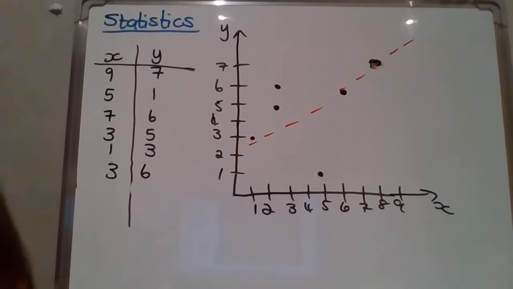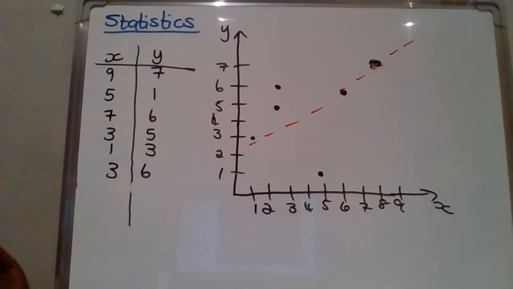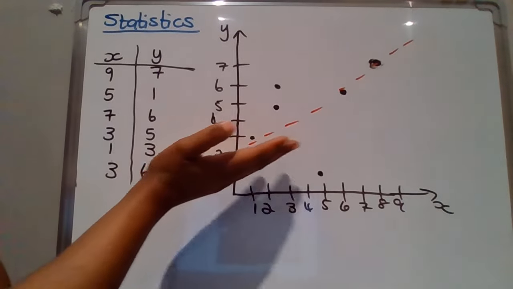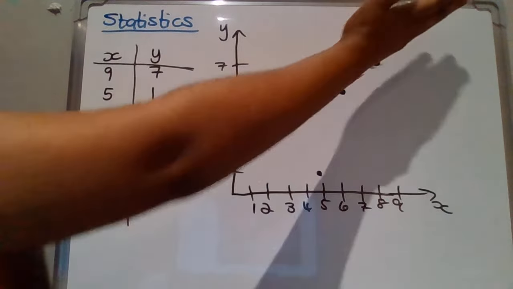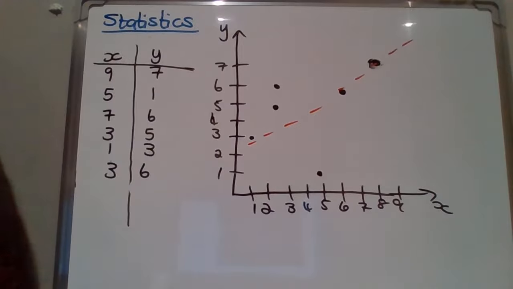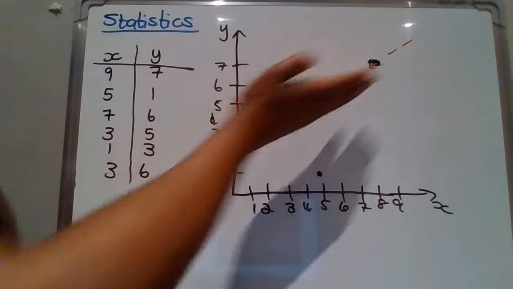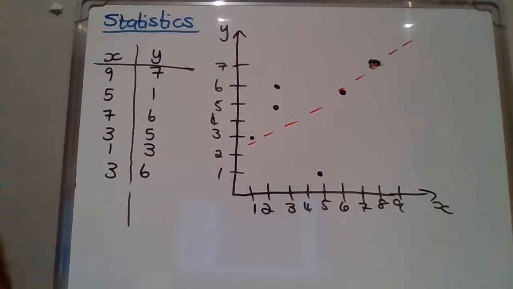But now we're going to use what we call regression. With regression, we are able to determine what this line is, instead of me just guessing what the line of best fit is. And how do we do that?